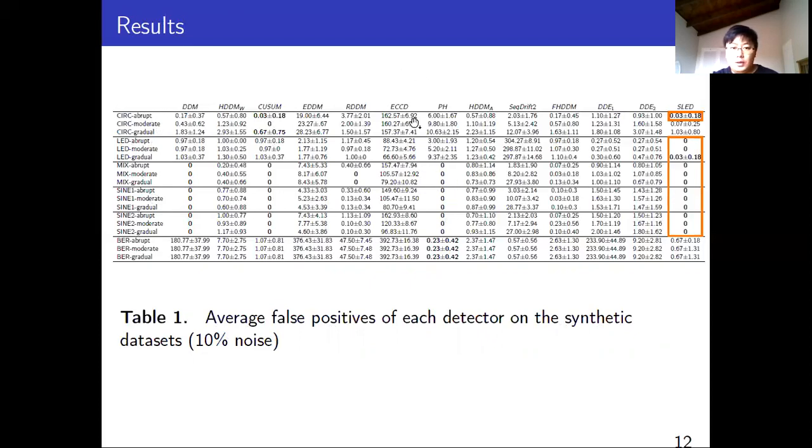All the best results in the table are highlighted, and in particular, the best results for SLED are highlighted in the orange rectangle. If we look at the results for SLED, we can see that in most of the cases, SLED performed the best. In other cases, even though SLED didn't perform the best, it's still among the best detectors.